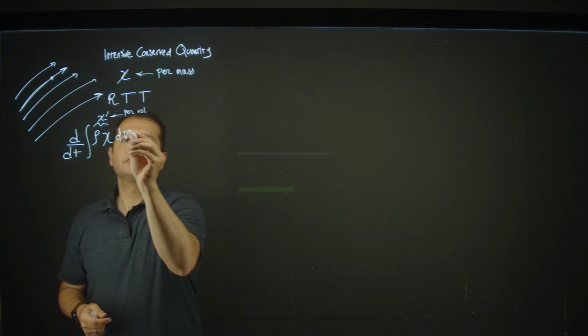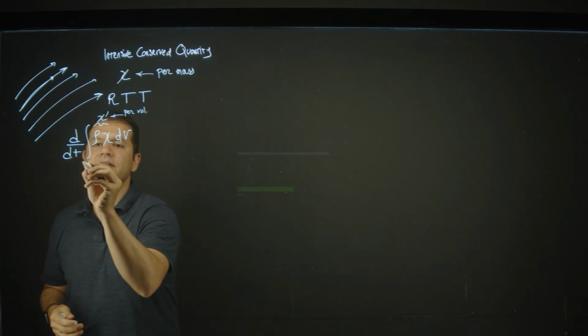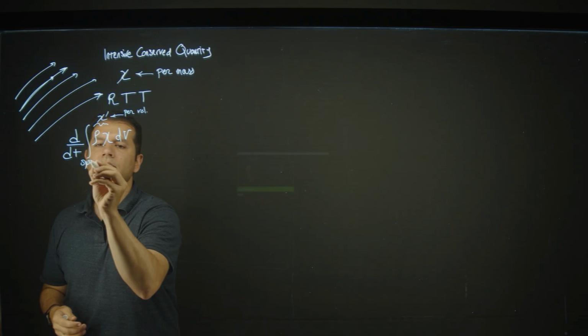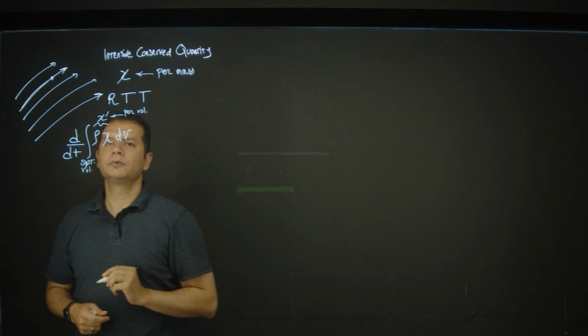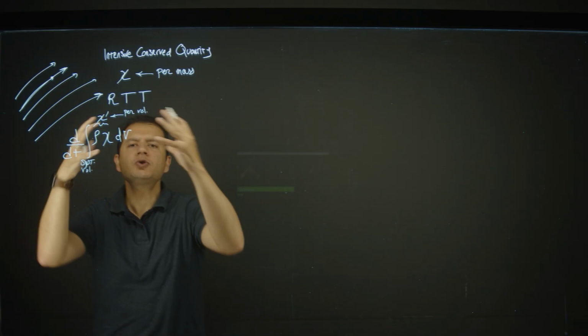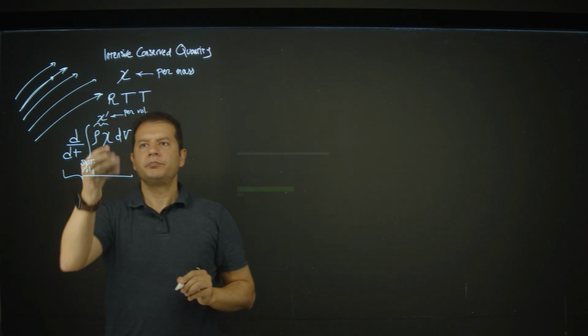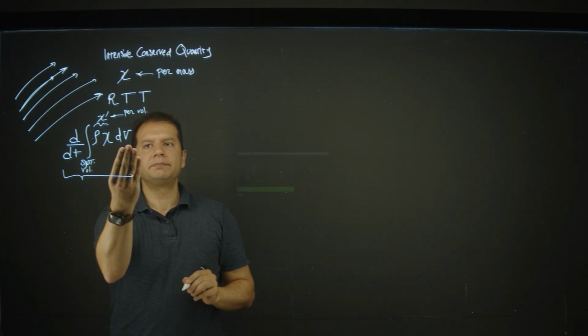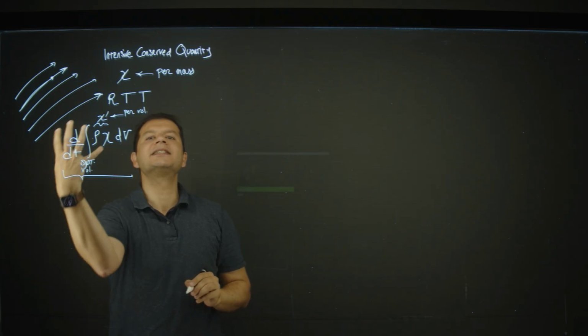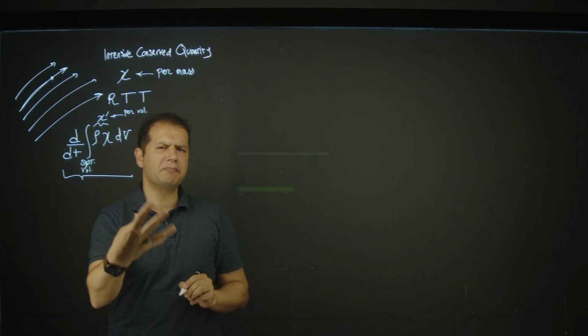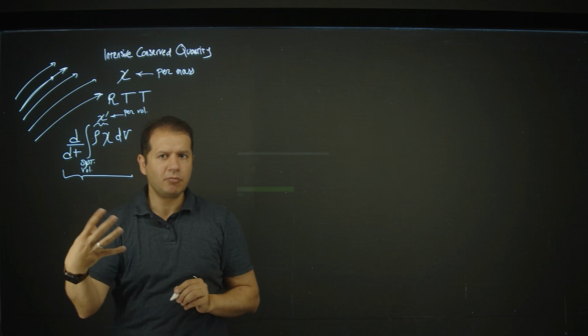Integrated over the entire volume of the system, the system volume, that is the total change of your quantity. Per volume multiplied by volume will be the entire amount of that quantity. It can be mass, it can be energy, it can be momentum, right?